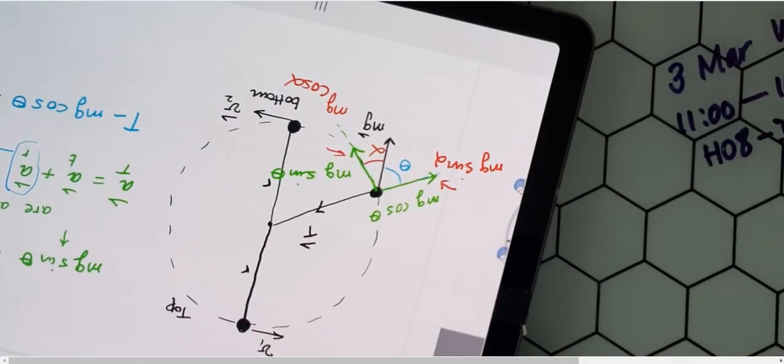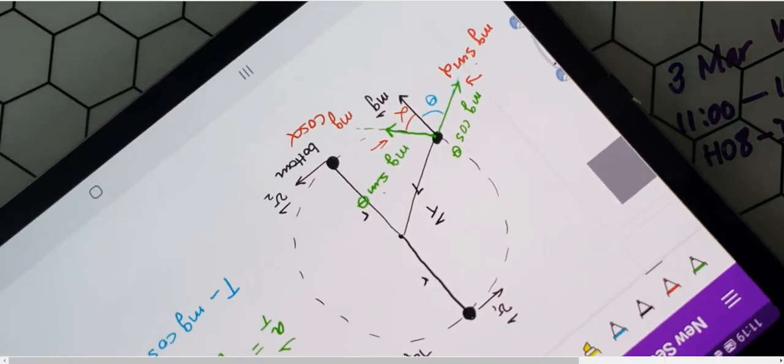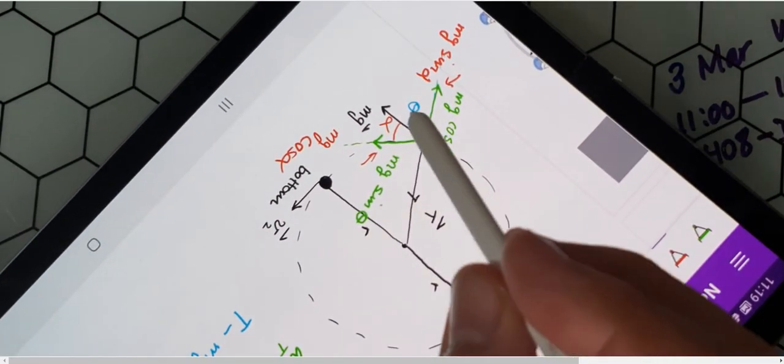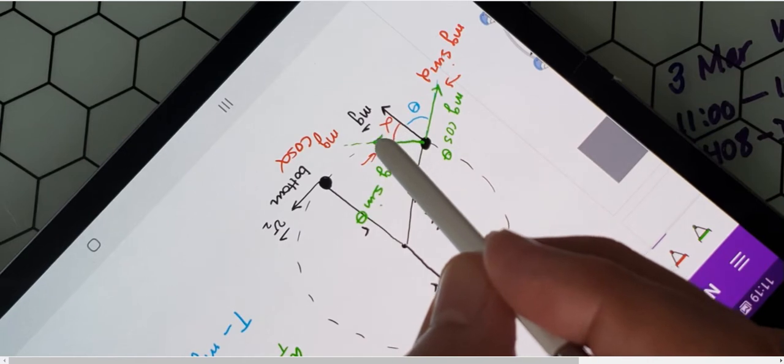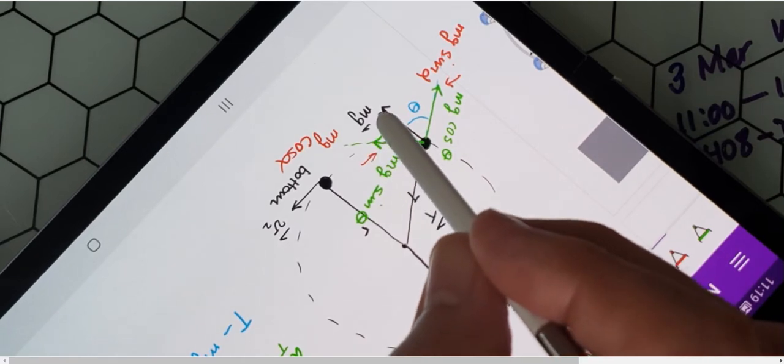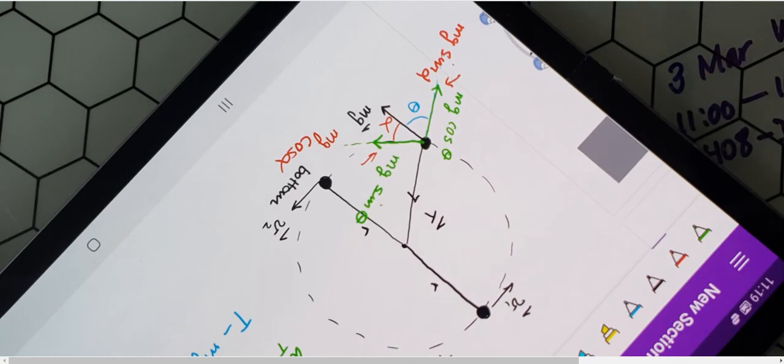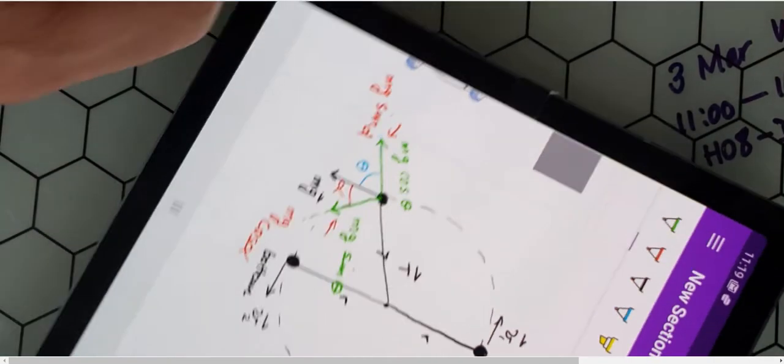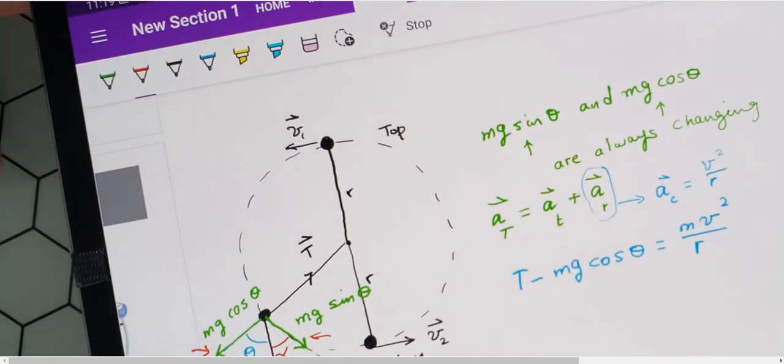If you want to look at it like this, and now we are talking about alpha, so this component now is mg cosine alpha, and this is mg sine alpha. Doctor, it depends on the choice of angle, the choice of cosine and sine? Correct, depending on the angle, and then how you want to analyze your components. It's always how you want to analyze your components.